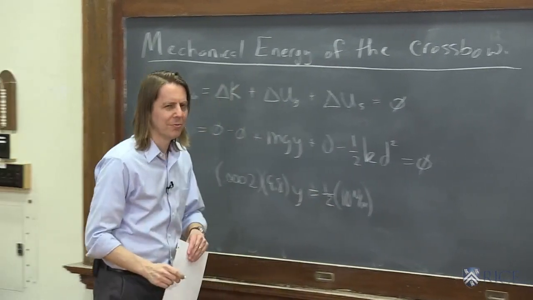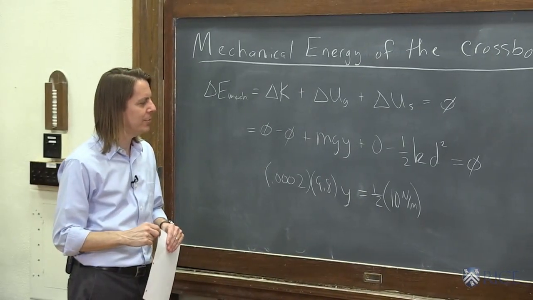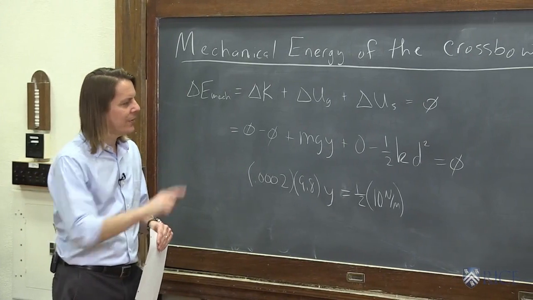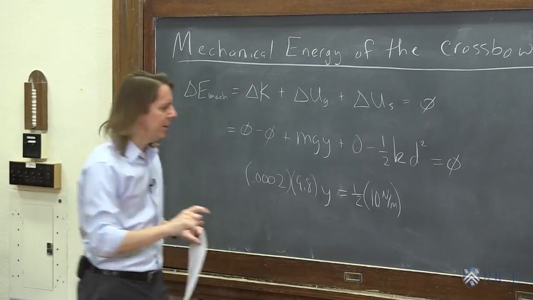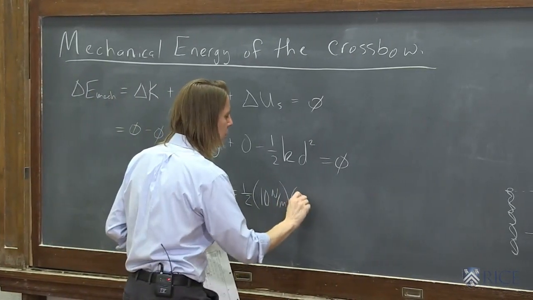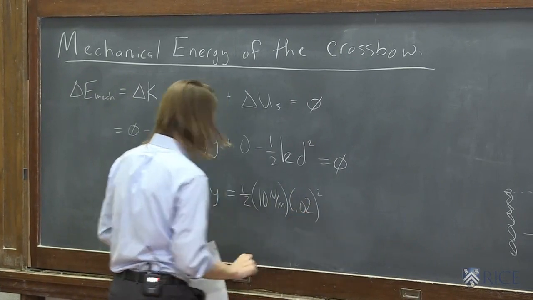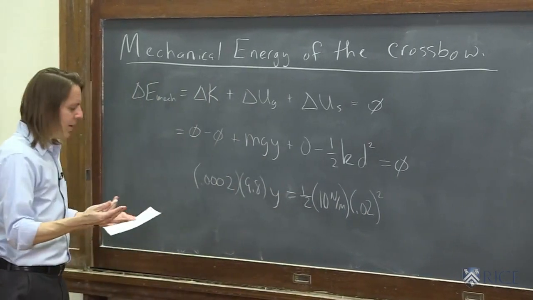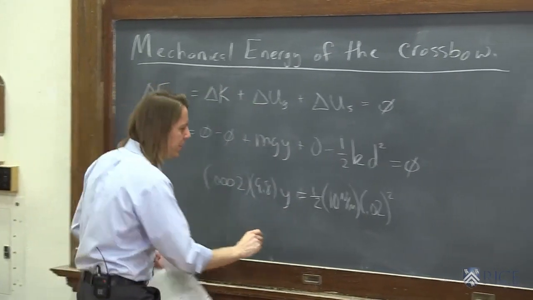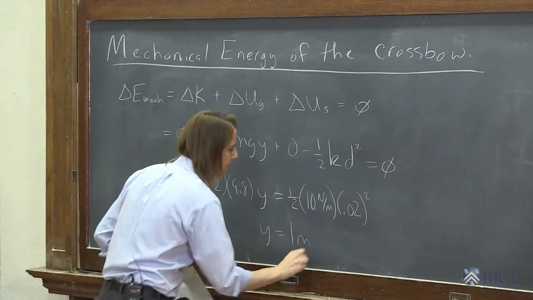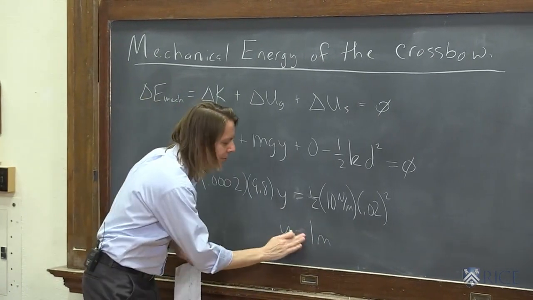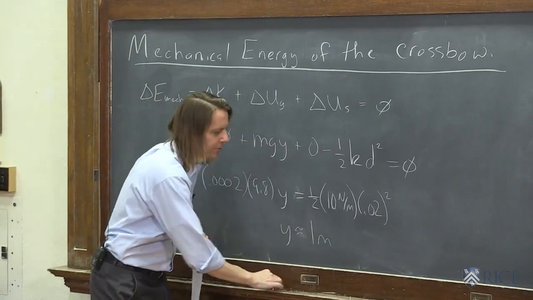Plastic springs like that don't follow Hooke's law that well, but that's a pretty good estimate. 10 newtons per meter, and the d that you deflect it by is 2 centimeters, so 0.02 meters squared. Solve this for y, and coincidentally, y is about a meter. These are all very approximate numbers.